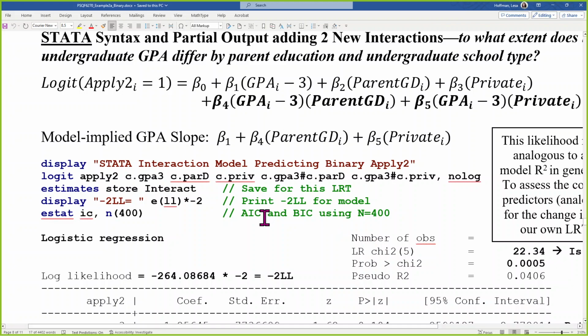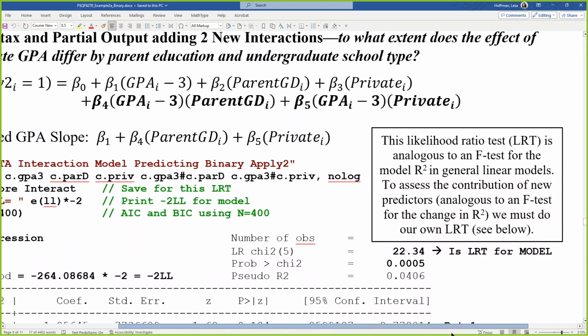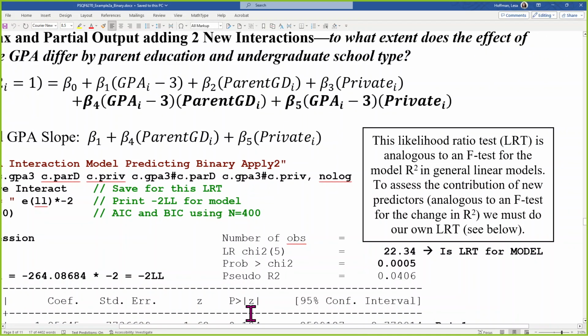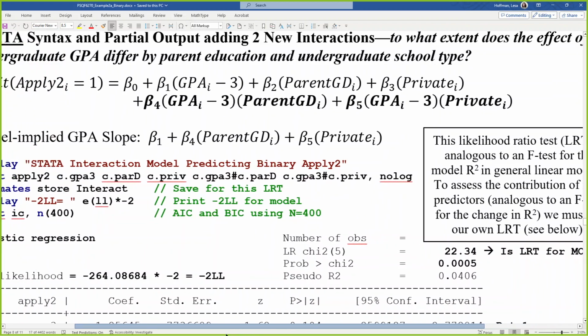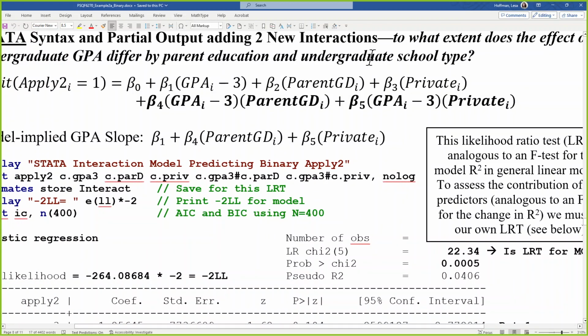So I'm going to throw in some interaction terms to answer the question: to what extent does the effect of GPA differ by parent education and undergraduate school type? I'm conceptualizing parent degree and private school as moderators for how having a higher GPA might matter more or less for your probability of applying to graduate school.